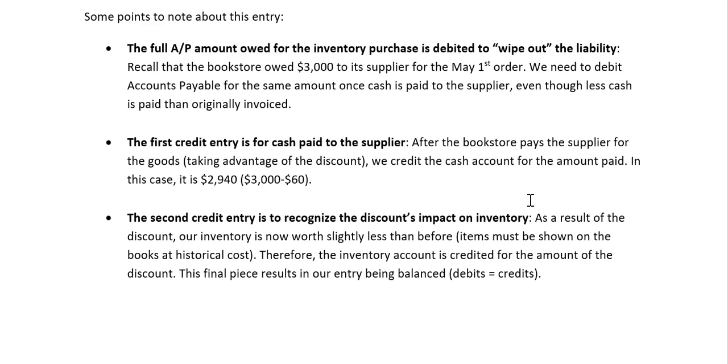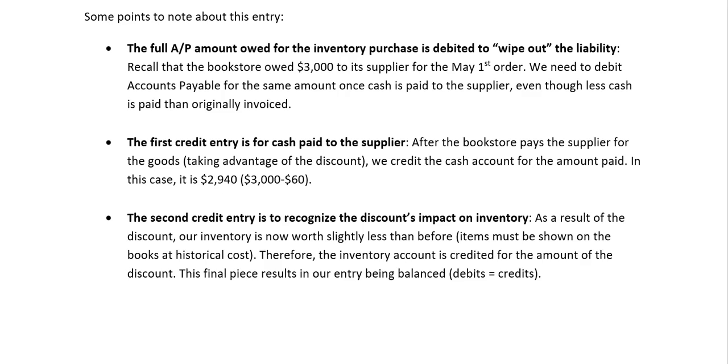Let's make some conclusions about this journal entry. First, the full AP amount owed for the inventory purchase is debited to wipe out the liability. Recall that the bookstore owed $3,000 to its supplier for the May 1st order, so we need to debit account payable for the same amount once cash is paid to the supplier, even though less cash is paid than originally invoiced.